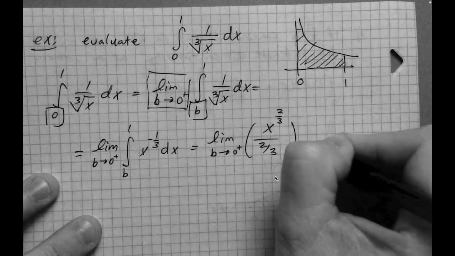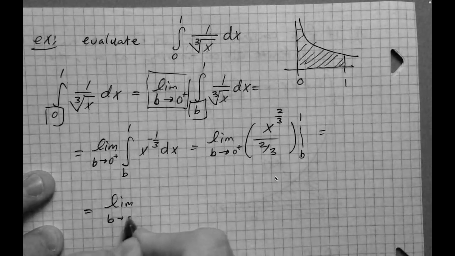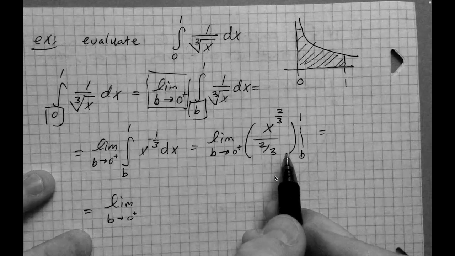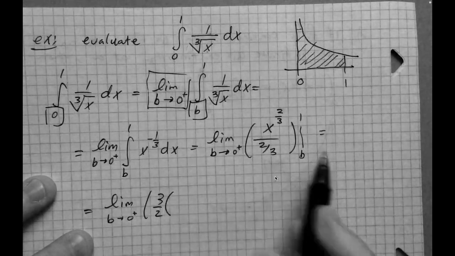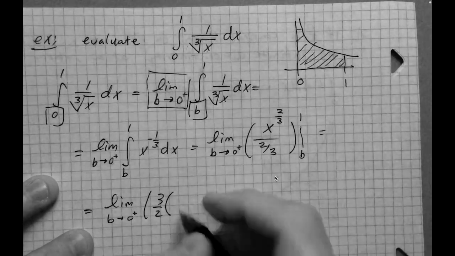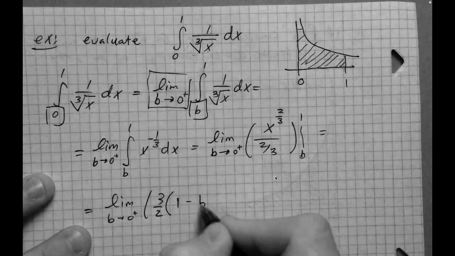And it's going to be from b up to 1. And what do we get here? We get 3/2, and then it's basically 1 to the 2/3, just 1, minus b to the 2/3.